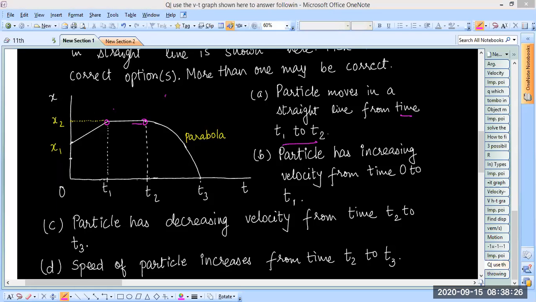So this is a horizontal line. This is an x-t graph and this is a horizontal line. What does a horizontal line on an x-t graph mean, people? Yes, the object is stationary. So is this true or false? A.